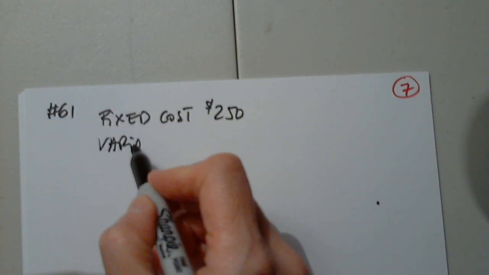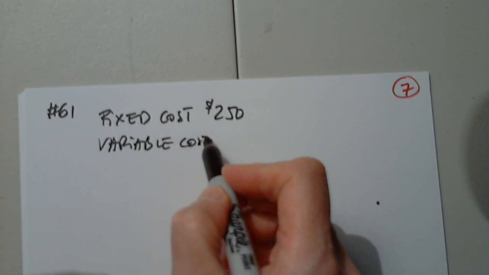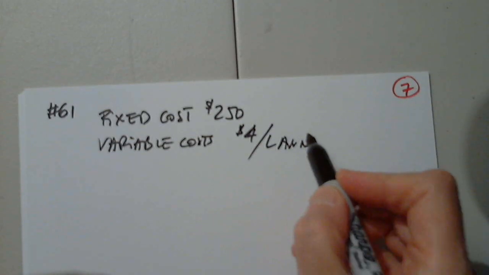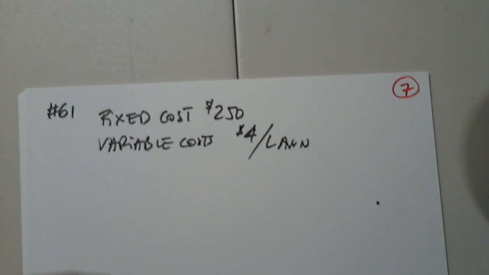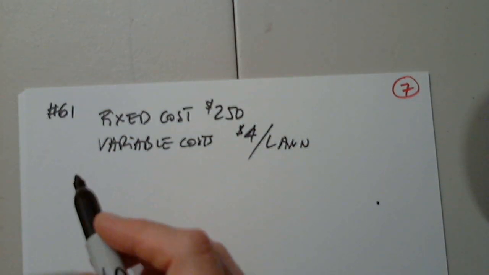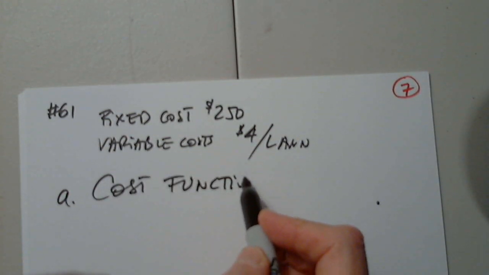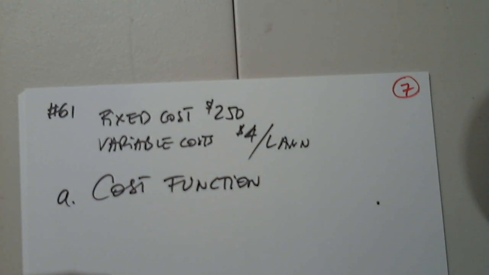Variable cost, $4 per lawn. Formulate a function, C of x, part A, cost function, for the total cost of mowing x lawns.